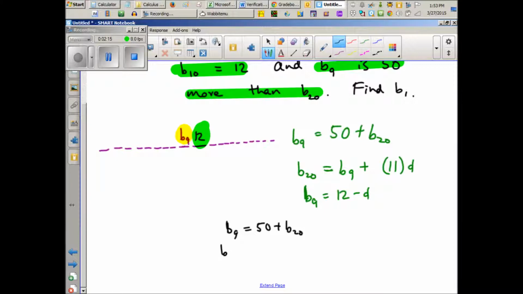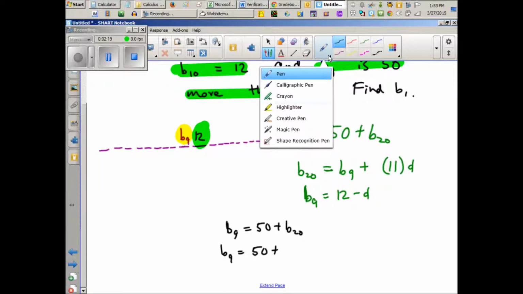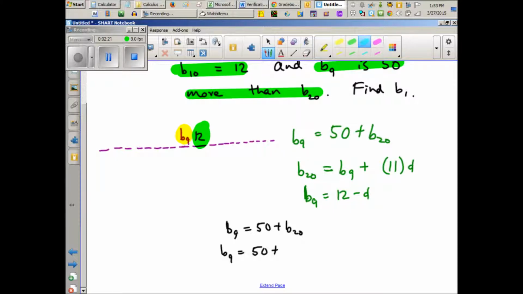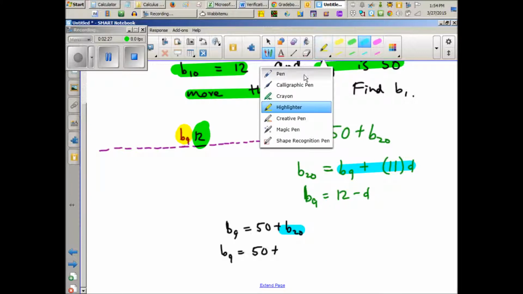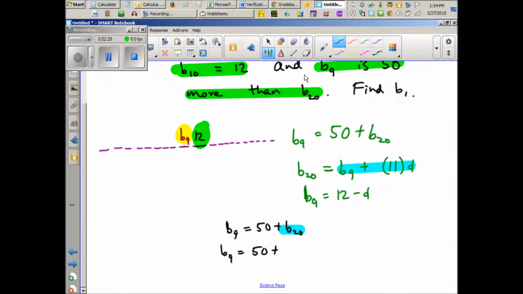Instead of B20, we will write B9 plus 11D. You'll notice that the B9's cancel, and we end up with D is negative 50 over 11. So D was almost negative 5, but not quite.